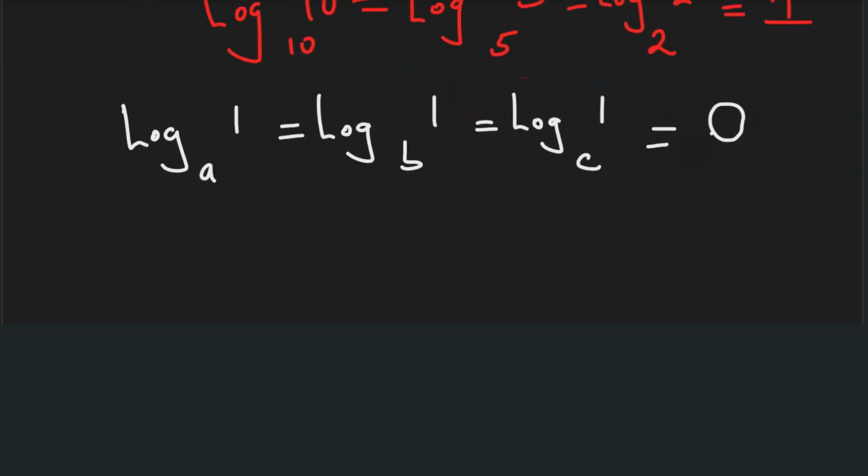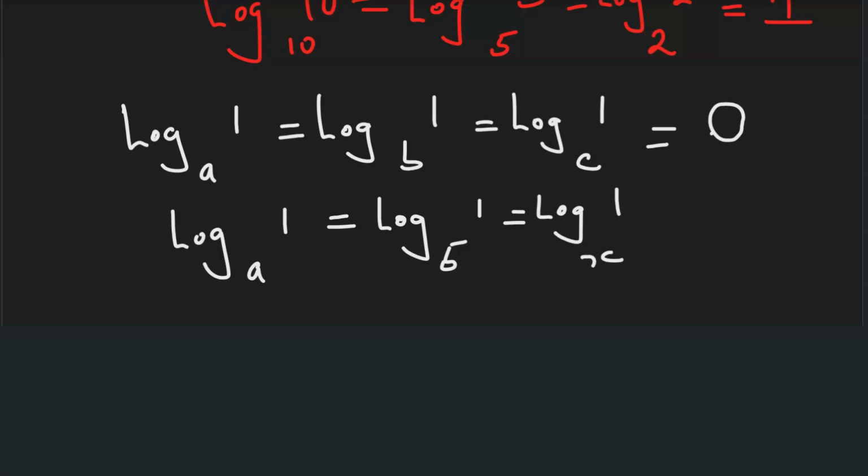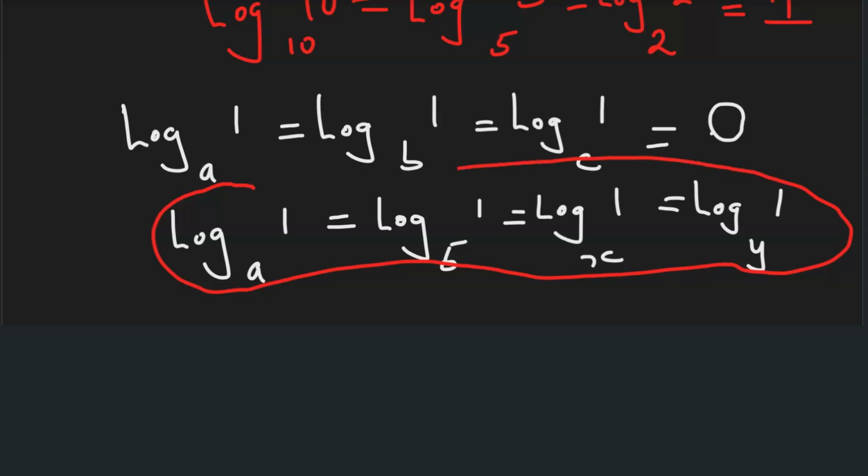So once you see log 1 to base a, this should be the same as log 1 to base 5, any base, just randomly, log 1 to base x, and should be the same as log 1 to base y. All of these should be able to give you a 0. So once you see a log 1, just know that's a 0. So let's proceed to the next law.